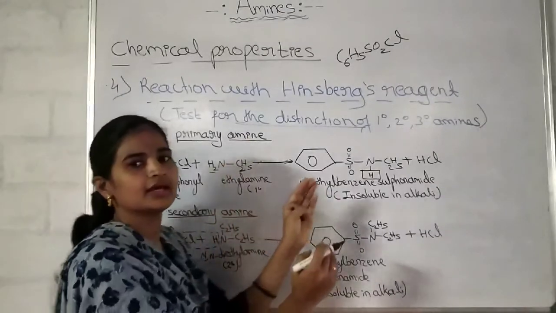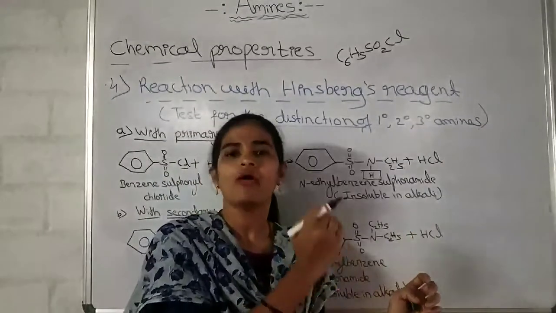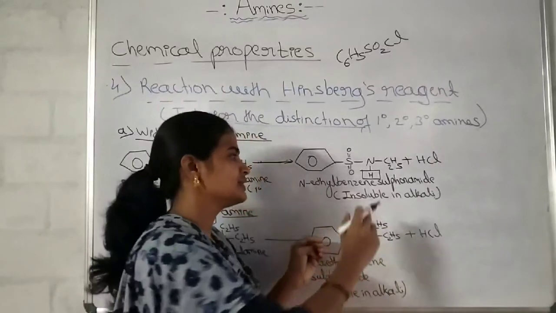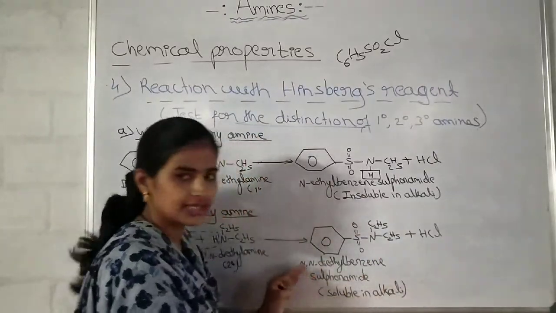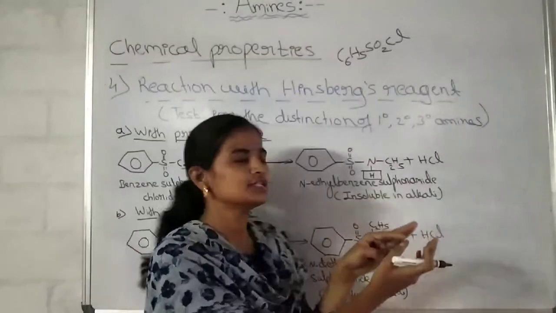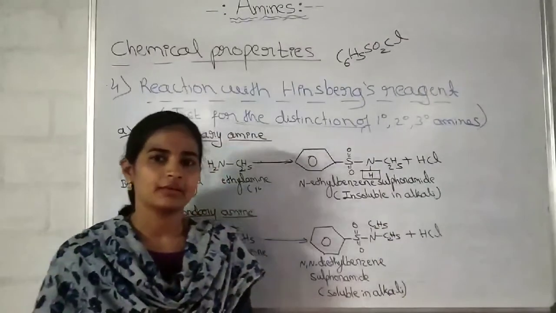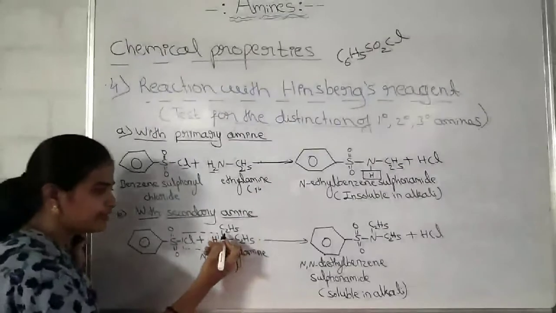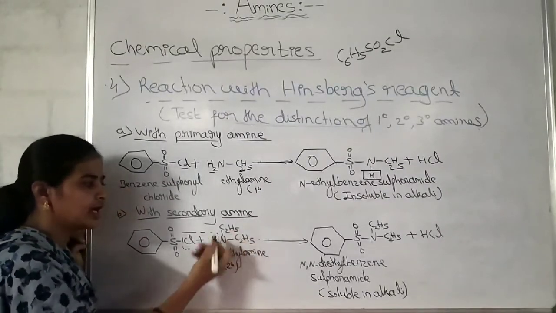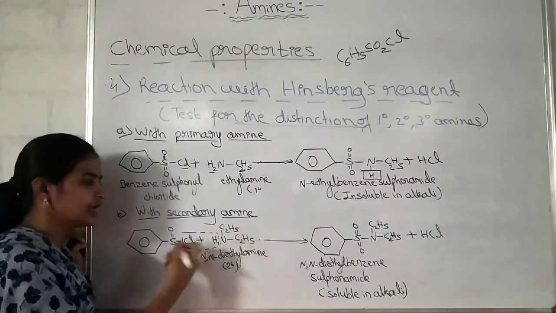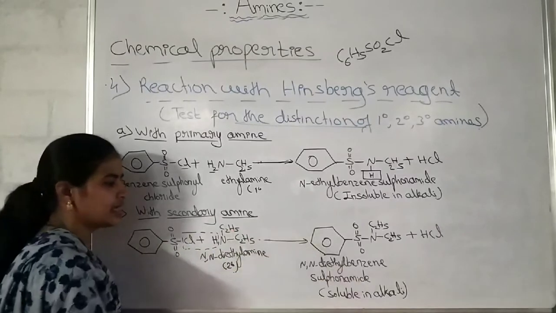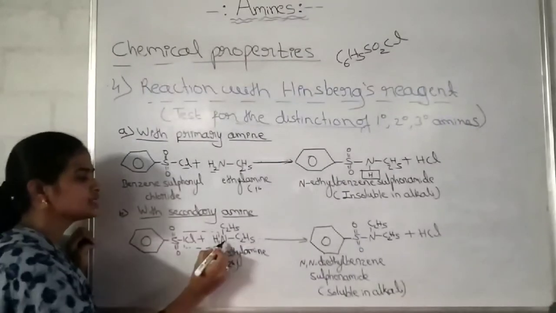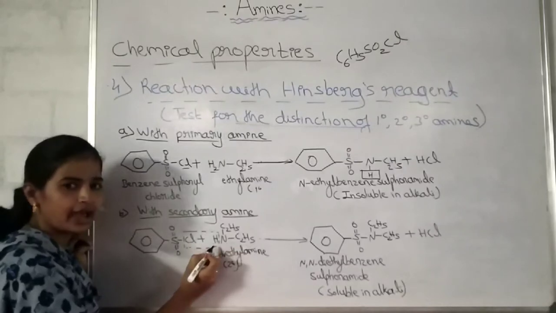With this, we can identify whether the given amine is primary or secondary. If the product formed is soluble in alkali, that is a secondary amine. If it remains insoluble in alkali, that is a primary amine. Then what about the tertiary amine? If I have taken a tertiary amine, for example triethylamine, can I write the reaction? No, because a tertiary amine does not contain any active hydrogen atom.